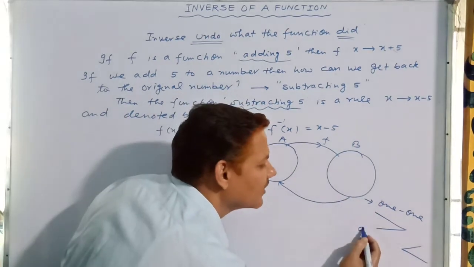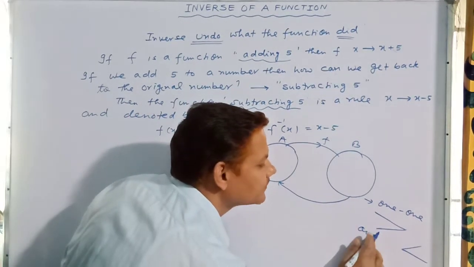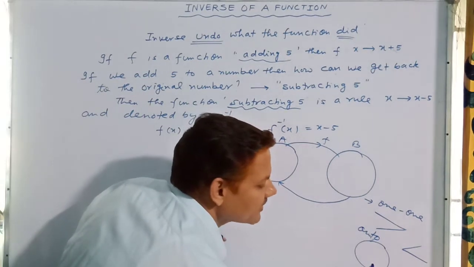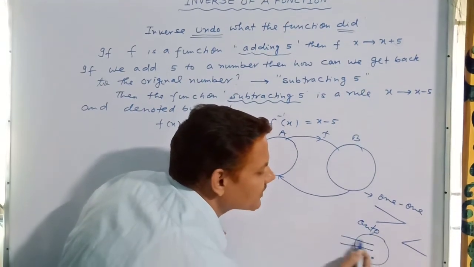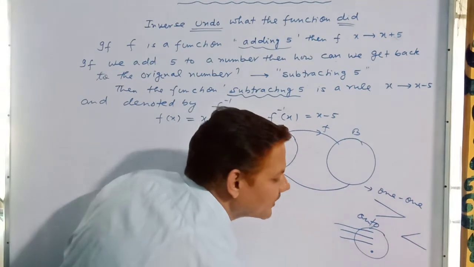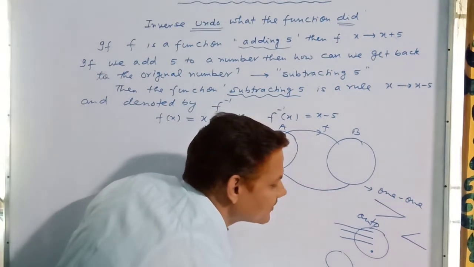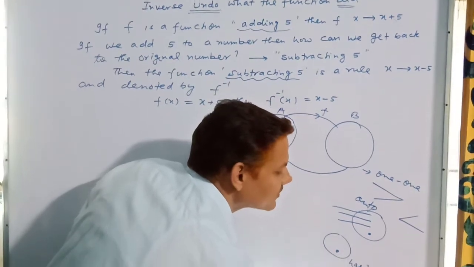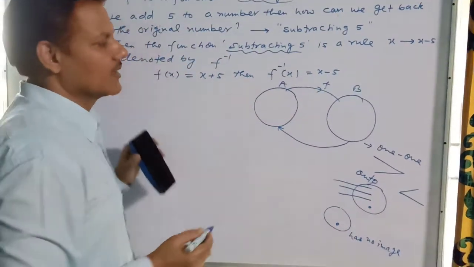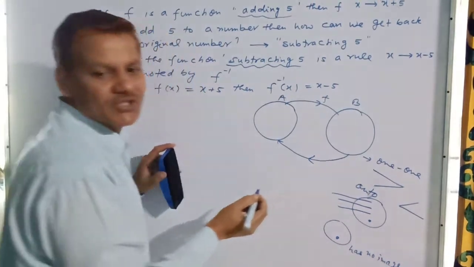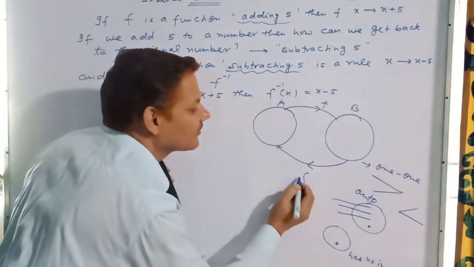At the same time, it must be onto, since if in B there is any element that is not associated with an element of A, then that element has no image. That's why if it is 1-1 and onto, then the new function is called f inverse.